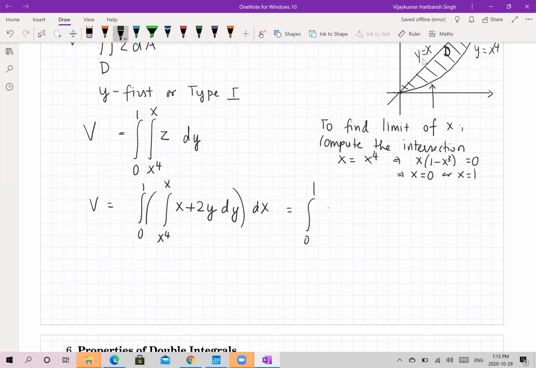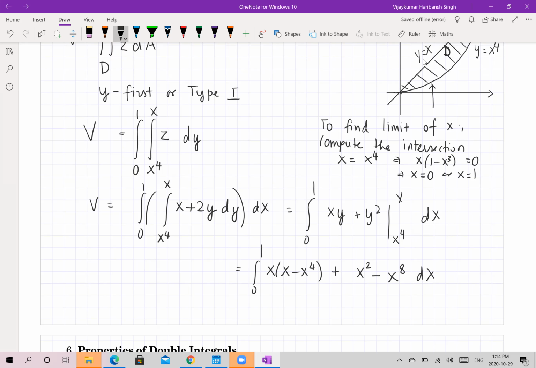With respect to y, the integral of that is going to be xy plus y squared, from x to the 4 to x, dx. Now this is going to be 0 to 1, x times x minus x to the 4, plus x to the power 2 minus x to the power 8, dx.